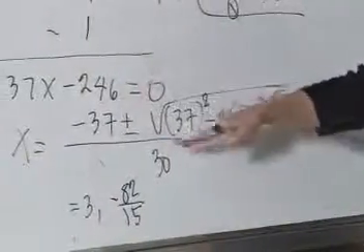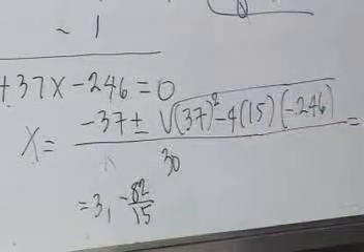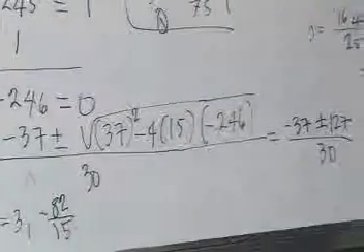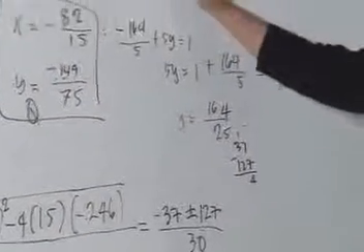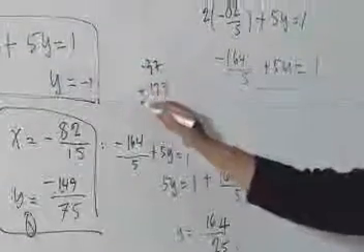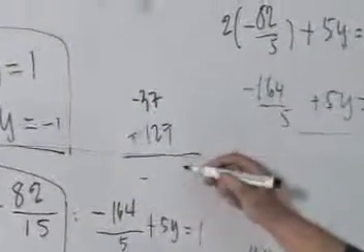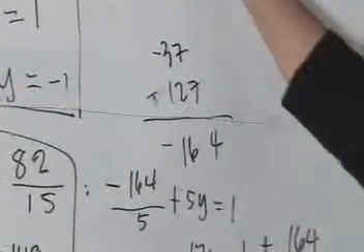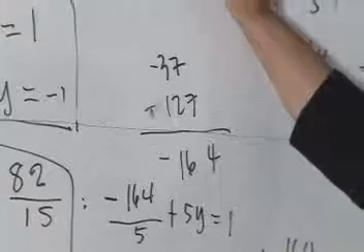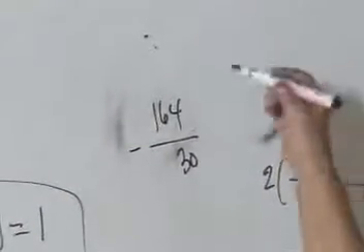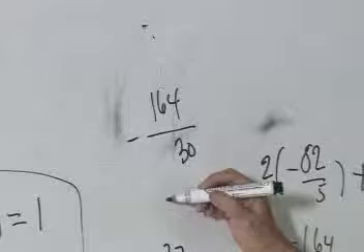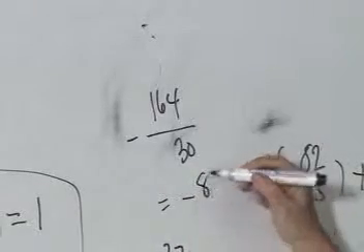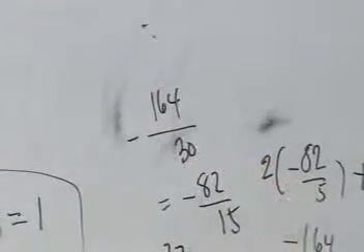When you have negative 37 minus 127, that will give you negative 164. 164 divided by 30. So 164 divided by 2 will give you what? Negative 82 over 15. So Eileen is correct. Thank you, Eileen.